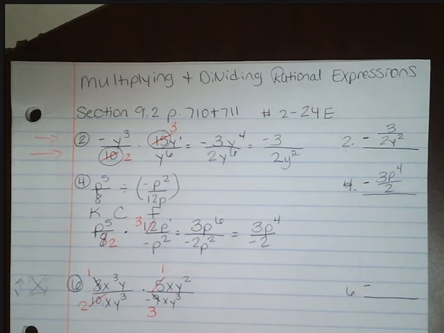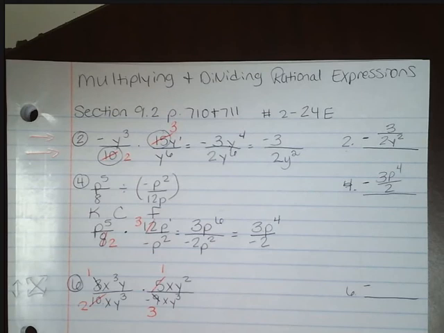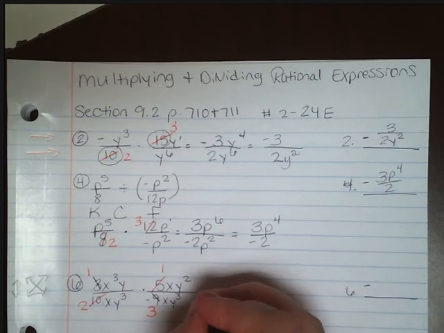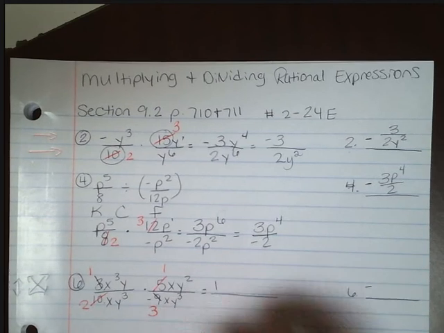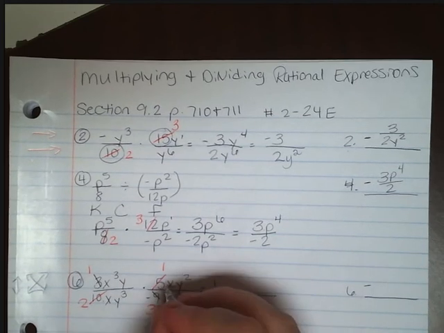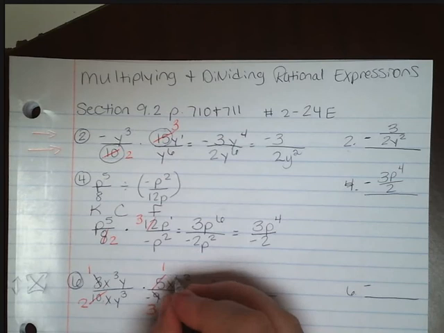The reason I write in the red color when I'm simplifying is because it's going to make it a little bit easier for me to see what I have left after crossing out. So if that helps you, then great. If not, then you don't have to do that on yours. So 1 times 1 is 1. X to the 3rd times x to the 1st is x to the 4th.